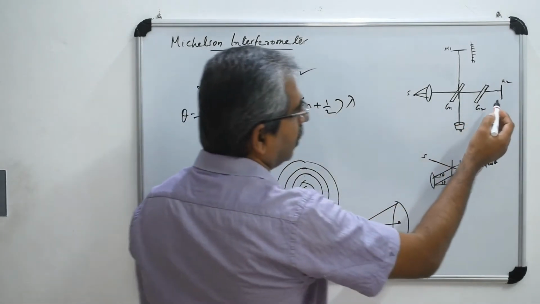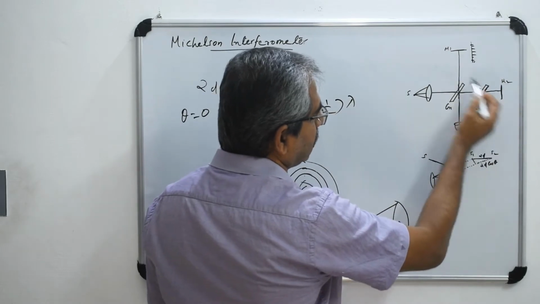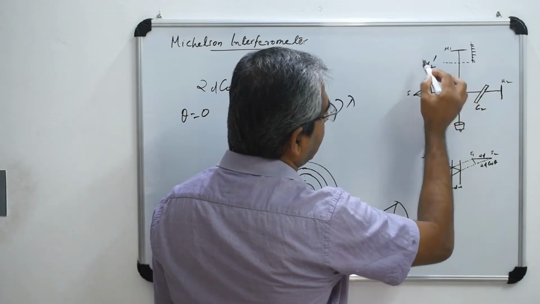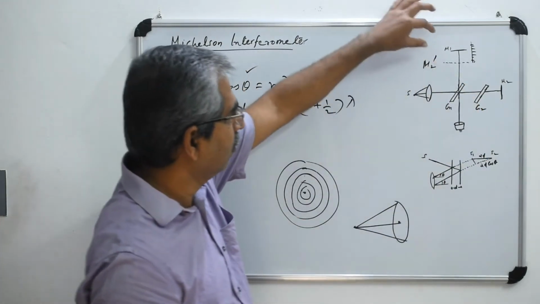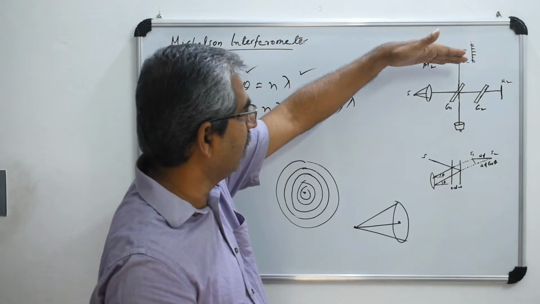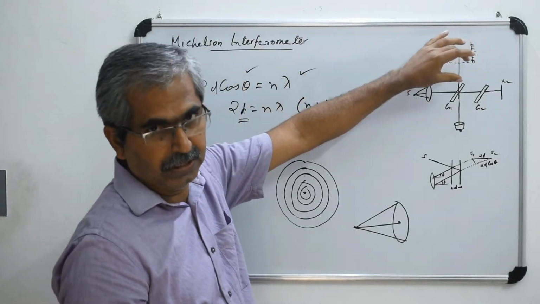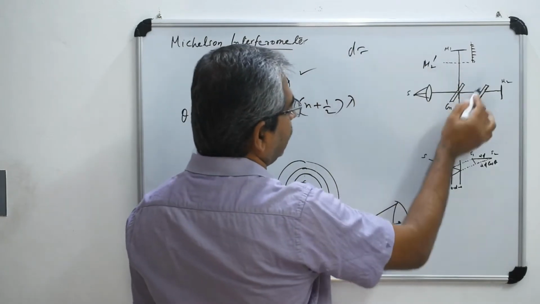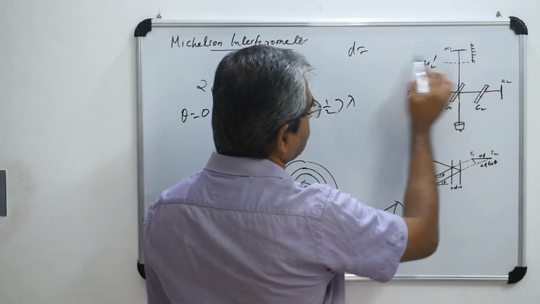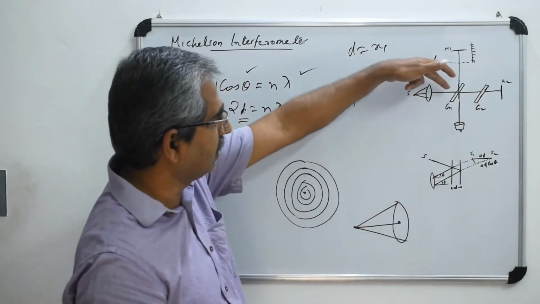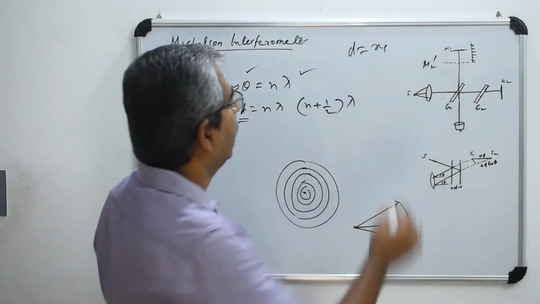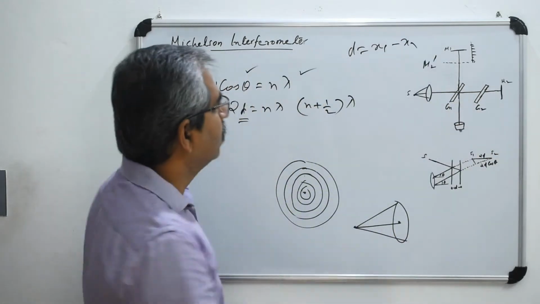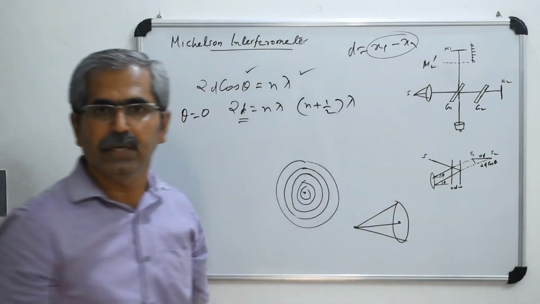We can see the image of M2 here, that is written as M2 dash. The spacing between M1 and M2 dash is actually called d, isn't it? So d is the separation between these two. From here, suppose this is x1, the distance from G1 to M1, and x2 is the distance from G1 to M2. So x1 minus x2 is actually d.